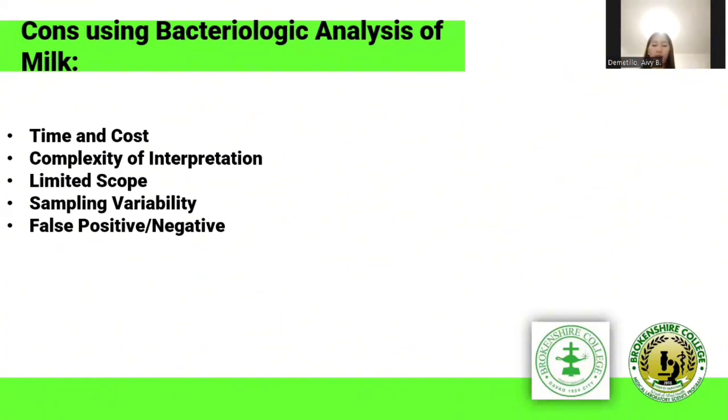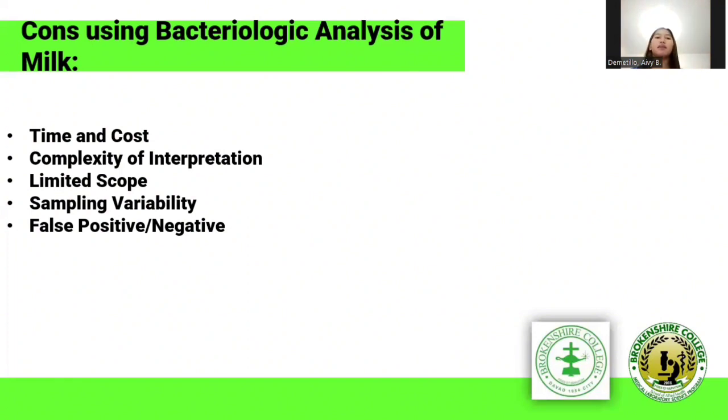Bacteriologic analysis primarily focuses on bacterial contaminants and may overlook other potential hazards such as chemical residues or allergens, necessitating the use of complementary testing methods for comprehensive food safety assessments.